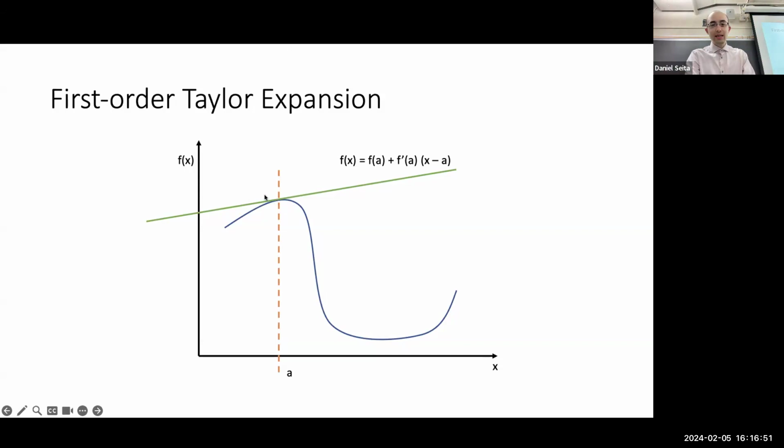Hopefully everyone has seen the Taylor series expansion. It basically means that if you have some function f, you can approximate it with f of a. The approximation has to be centered at some point. What that point is, is another decision-making thing, but here we're just assuming that we have a. Then you add the derivative of the function f at a multiplied by x minus a.